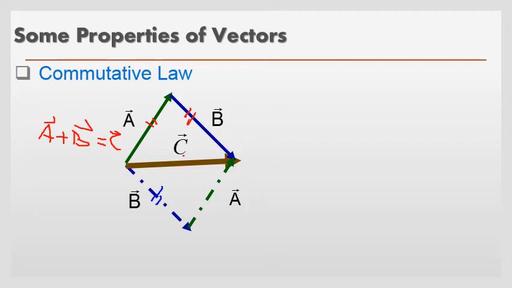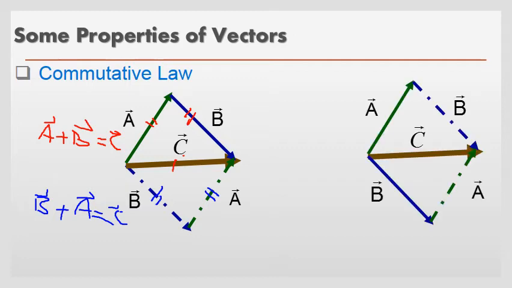And likewise, if we draw a line parallel to the vector A as an image vector, then in this case we can add the vector B, whose head ends up at the tail of vector A, and this will give us the same result, C. So in the triangle method, whether you start with A, then B, or you start with B and then A, you will get the same result.